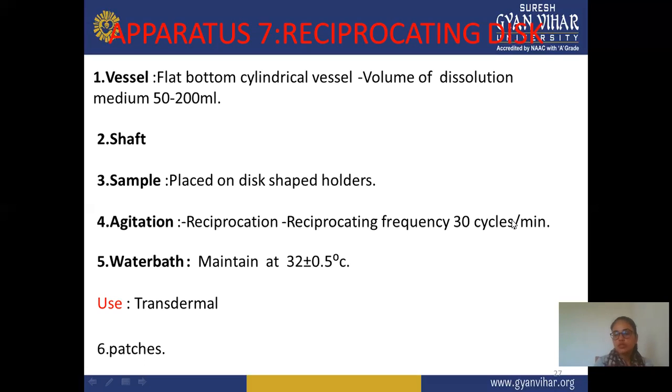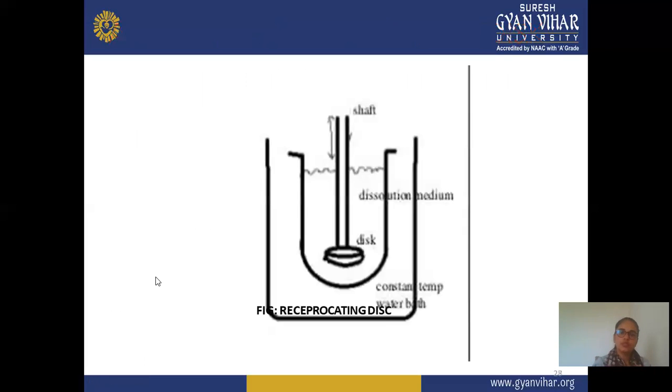That's why you use 32 degrees Celsius temperature for the last 3, that is, type 5, 6, and 7 apparatus, but first to 4 use 37 degrees Celsius temperature.